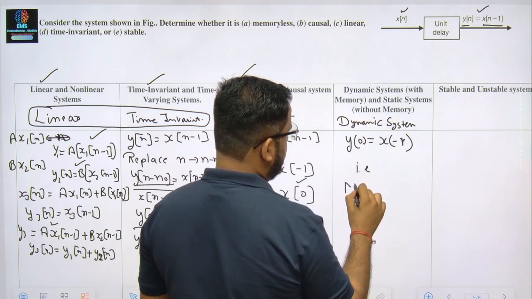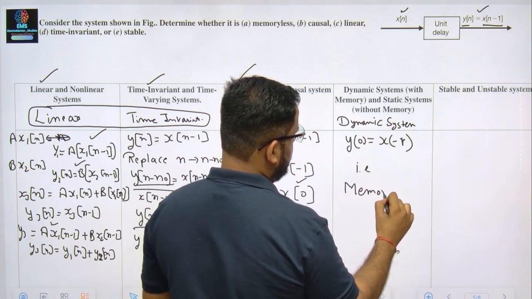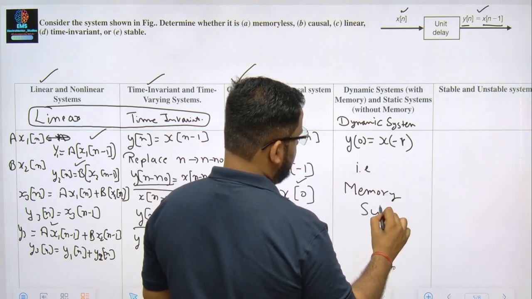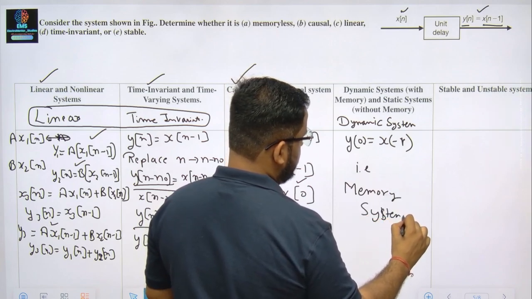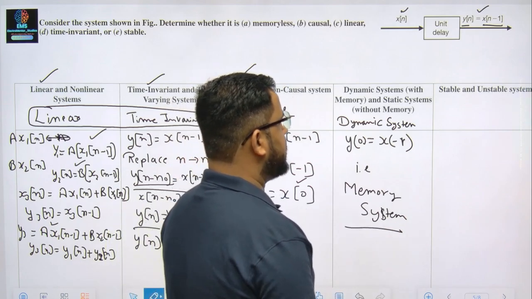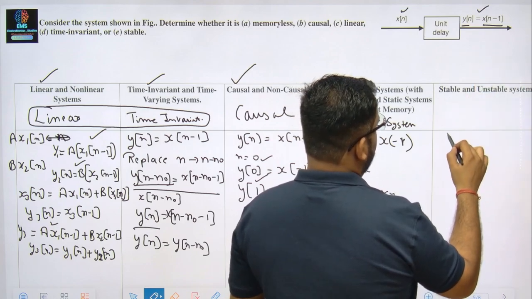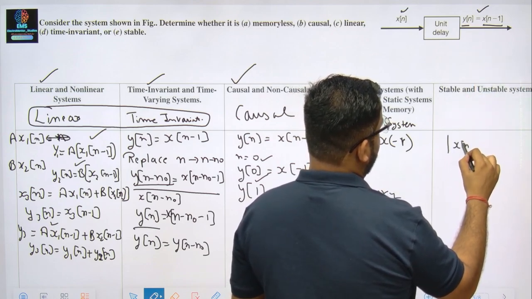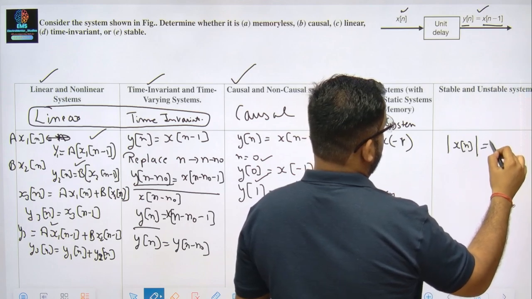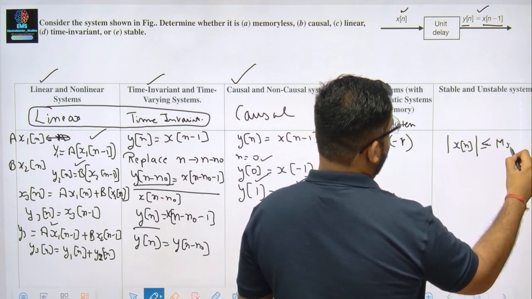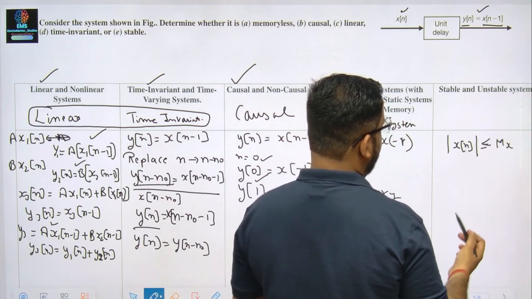That is memory. There is a memory in this system. The last set: stable, unstable. See, the magnitude of x[n] is, let us say, Mx, some value Mx, which is a finite number.